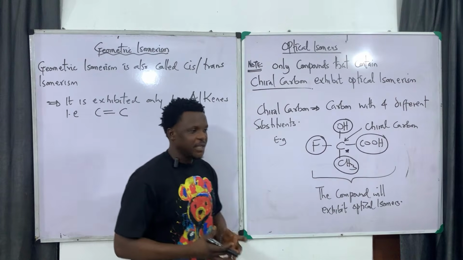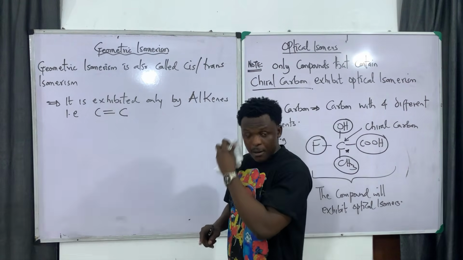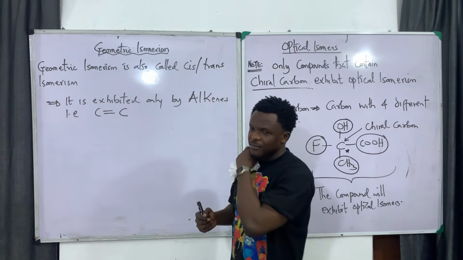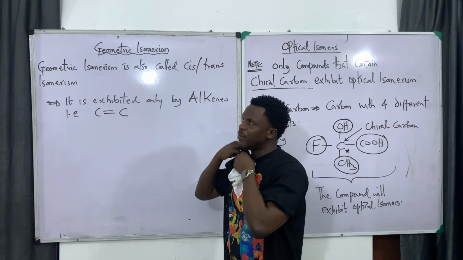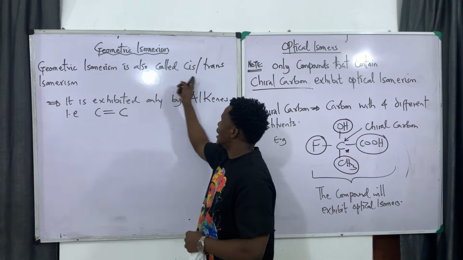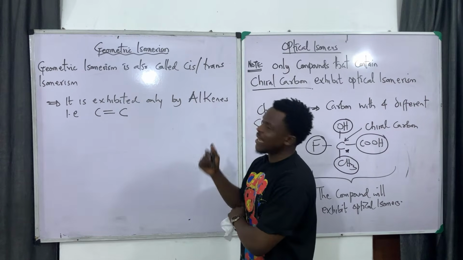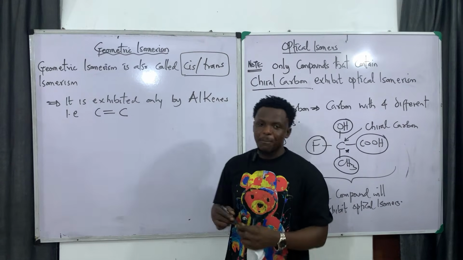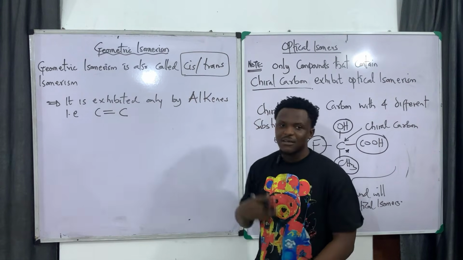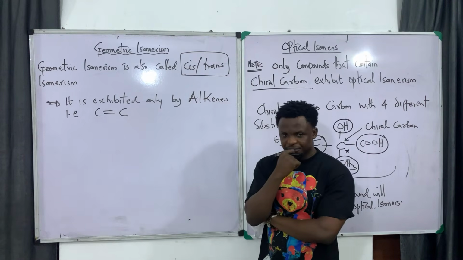Geometric isomerism is also known as cis-trans isomerism. Maybe before now, you've been hearing of cis-trans and did not know that it is geometric. So another name for geometric isomerism is cis-trans isomerism. If you go to your past questions and see cis-trans, basically, we are referring to geometric isomerism.